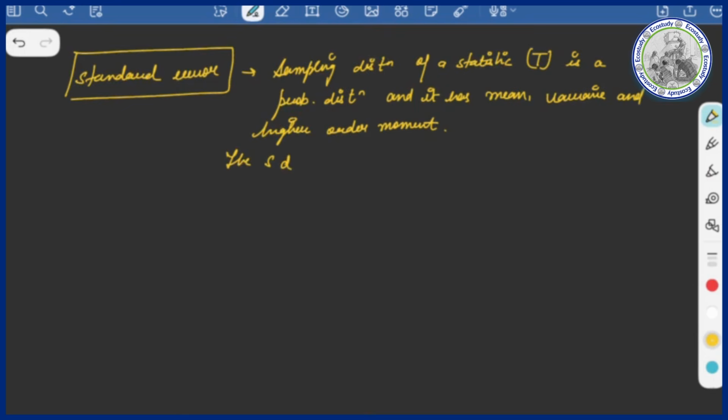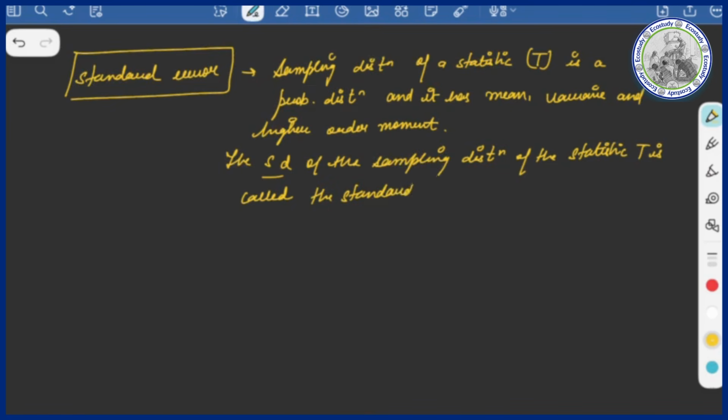The standard deviation of the sampling distribution of the statistic T is called the standard error of the statistic.